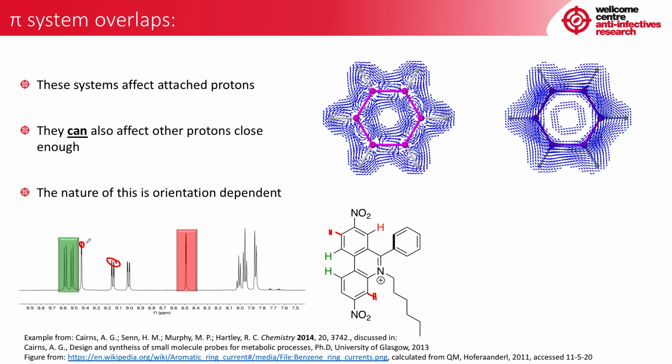But in fact, it is almost a full 1 ppm downfield of that signal. What's making that difference? Well, this is also a pi system overlap, but what's happening here is that this attached ring here is differently orientated. And you can see this better if we look at a model.